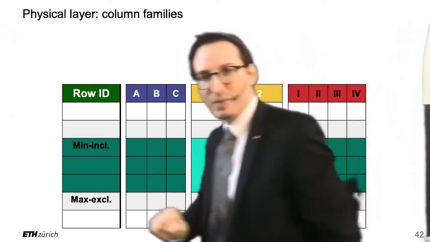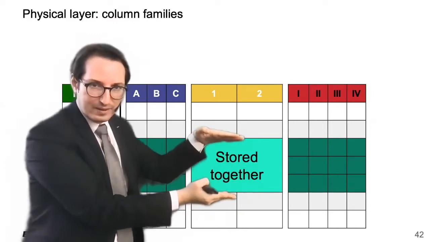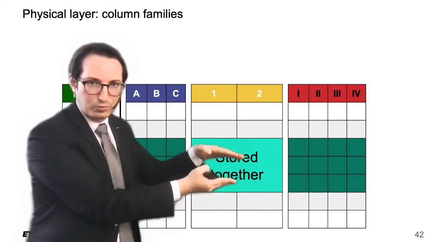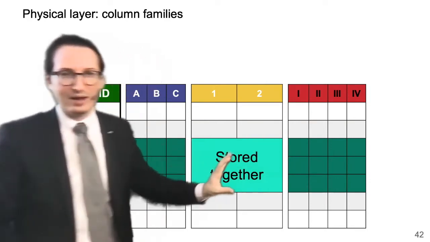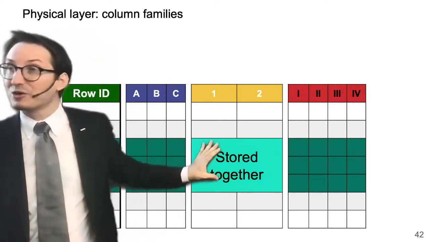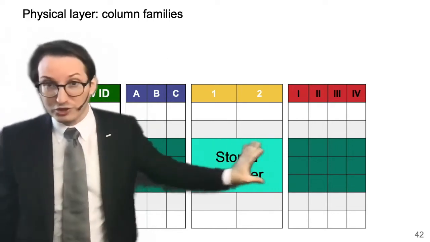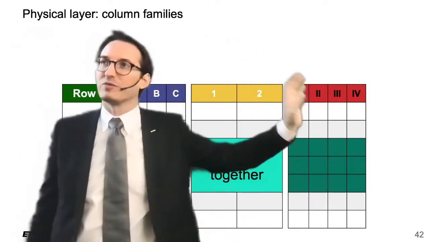So whenever you only access a specific region, and not all column families, but just one, it's going to be faster, because on the physical level, you only need to touch the data that is in there, and you don't even need to touch anything around, right?